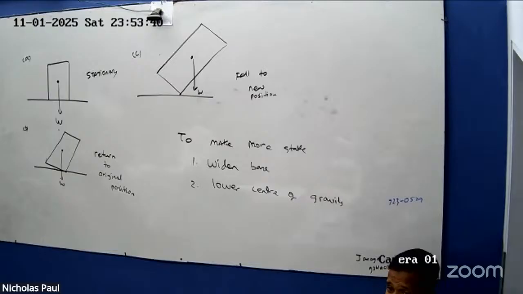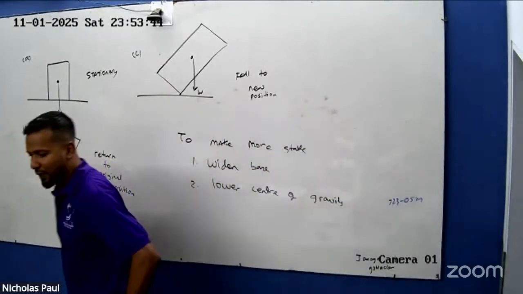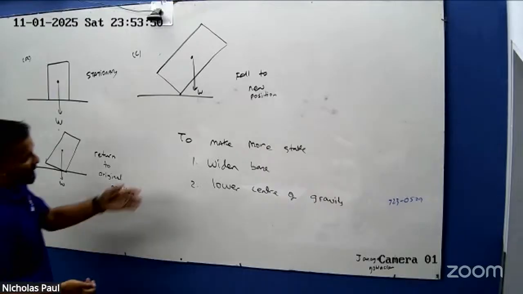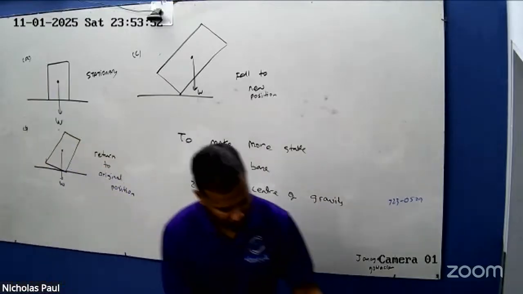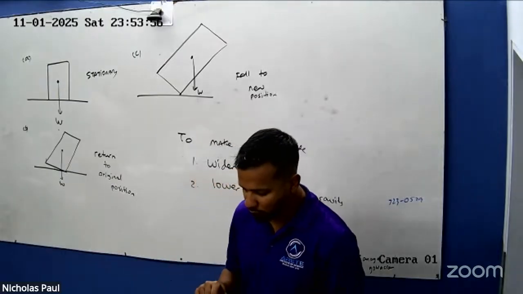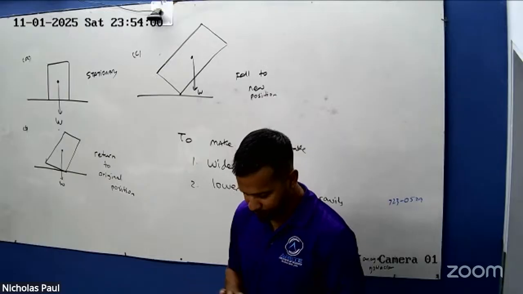Ready? So what we're going to do now is apply this to some questions. So we're going to combine what we did last week and today. Okay, please remember this. That's just the lamp in our room.